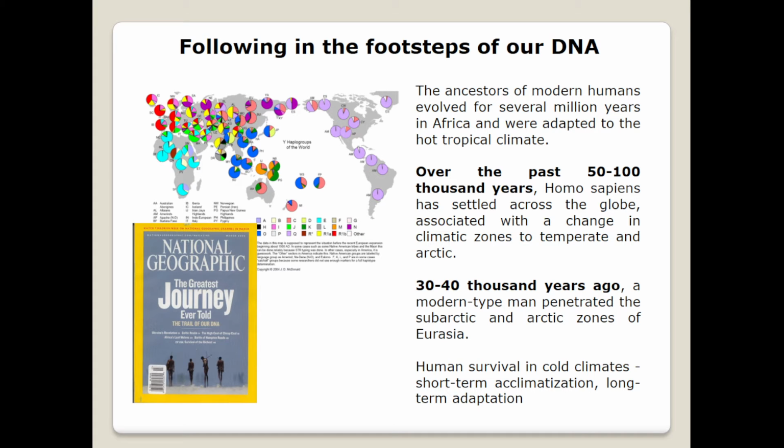From 30 to 40,000 years ago, a modern type of man penetrated the subarctic and Arctic zones of Eurasia, and became more adapted to those climates.